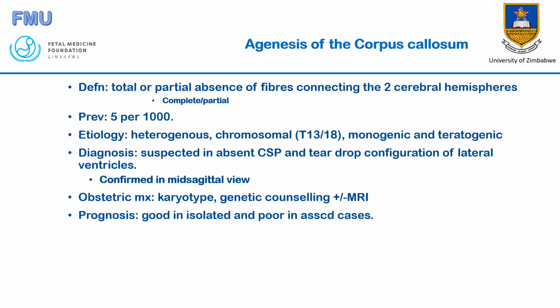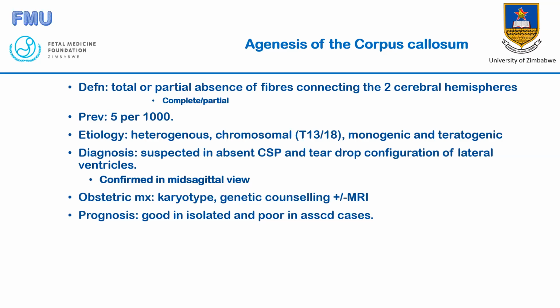Those fibers are what we call the corpus callosum. You know from anatomy that there's a sagittal plane that separates the right side and the left side of the cerebrum.